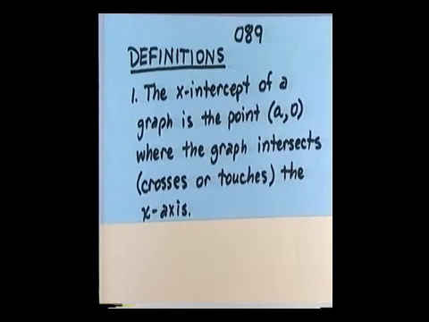Definitions of these two. First, the x-intercept of a graph is the point (a, 0) where the graph intersects, that is, crosses or touches, the x-axis.